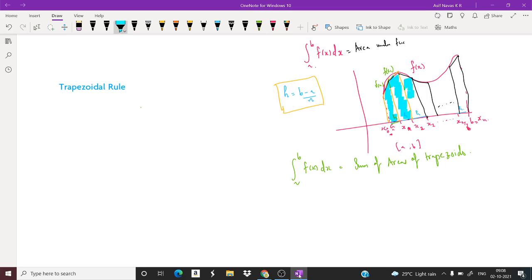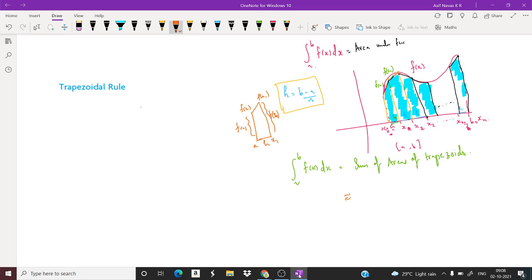So this integral value is approximately equal to the sum of the areas of these trapezoids. And we know the area of a trapezoid. The first trapezoid is like this, right? This length is h, this length is f of a, and this length is f of x1.